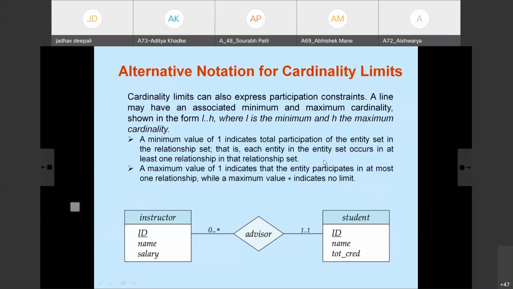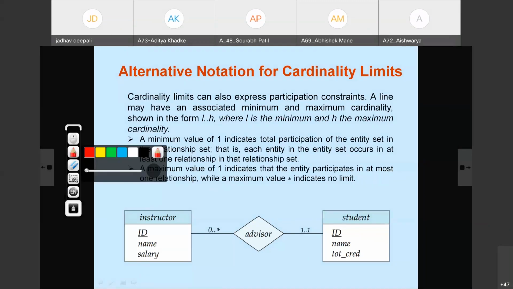So cardinality limits can also be expressed with the participation constraint. A line may have an associated minimum and maximum cardinality, meaning the values are given there in the form of L and H. L indicates minimum cardinality and H indicates maximum cardinality.